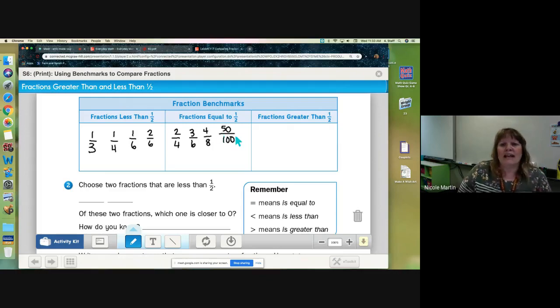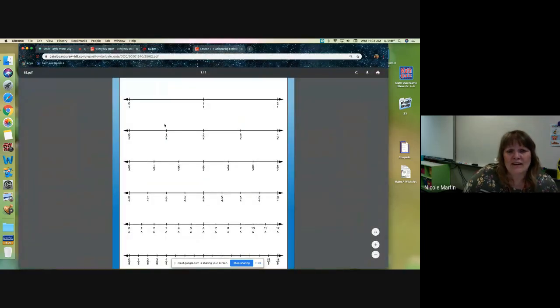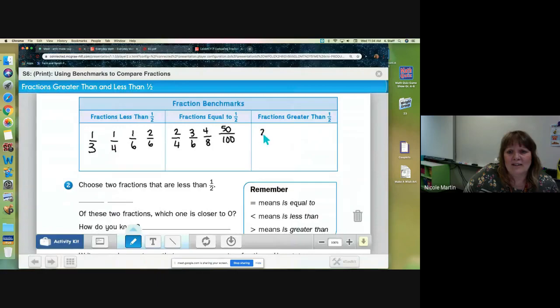So now we're going to look at fractions that are greater than a half, bigger than a half. So if we go back and look at our poster, so here was our half right there. So we're looking for the fractions that are bigger than the half. So if we look at our thirds, 2/3 is bigger than a half. So we could go ahead and put that on our sheet.